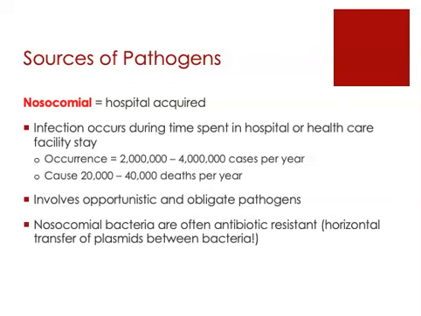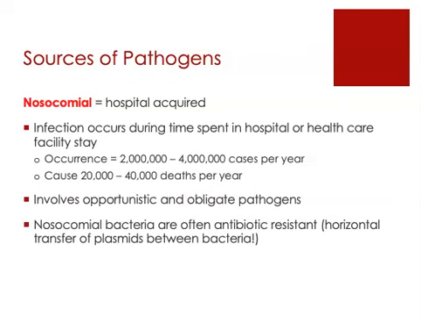The typical pathogens causing nosocomial infections are opportunistic pathogens and obligate pathogens. They get into the hospital, they're difficult to eradicate, and they infect these people who are vulnerable because they're in the hospital. They have some problem going on that has weakened their defenses.